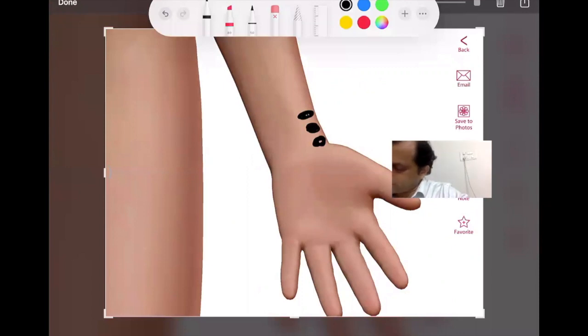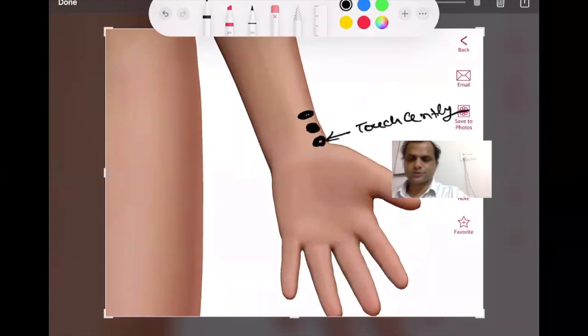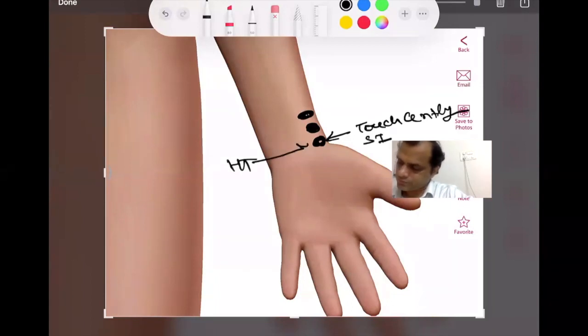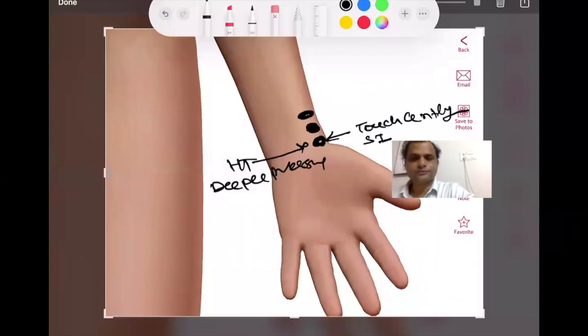When we touch gently, this pulse will be a small intestine pulse. लेकिन जब इसी को हम तेज दबाएंगे, when we press little deeply, deeper pressure, so this will be the pulse of heart at the same place. So this pulse goes to the heart and small intestine.